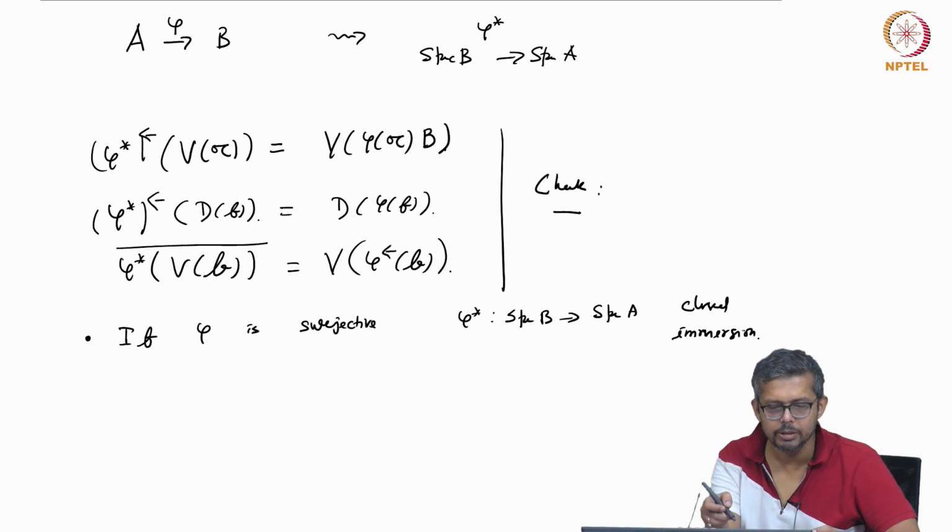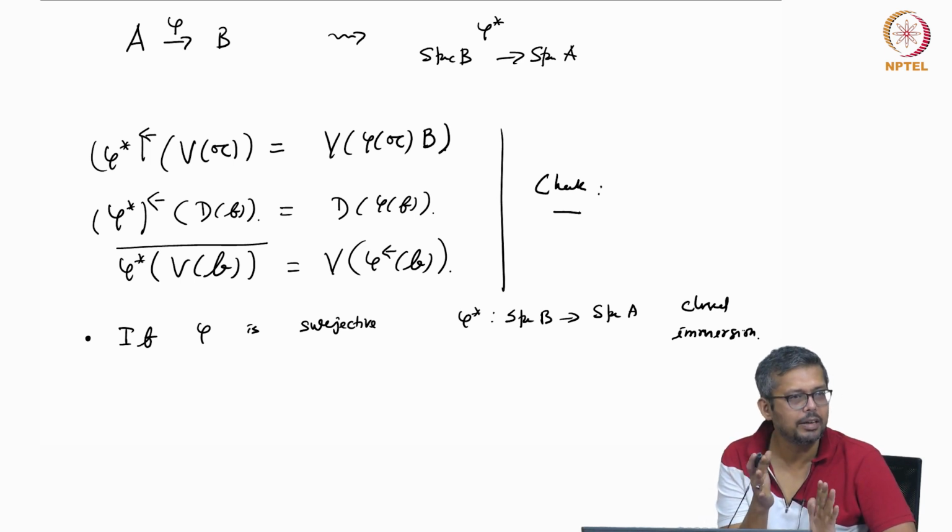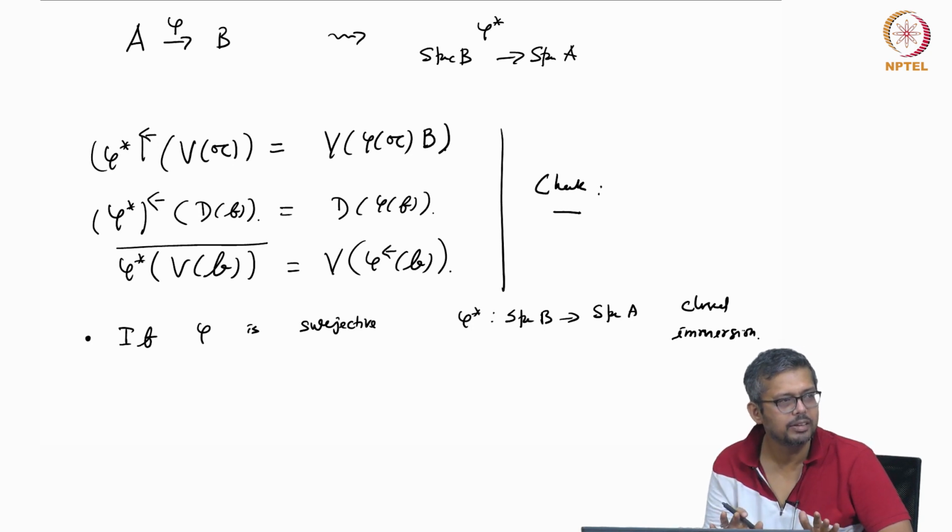Surjective means B is A mod I. So closed immersion, as in the variety case also, always locally looks like this, right?